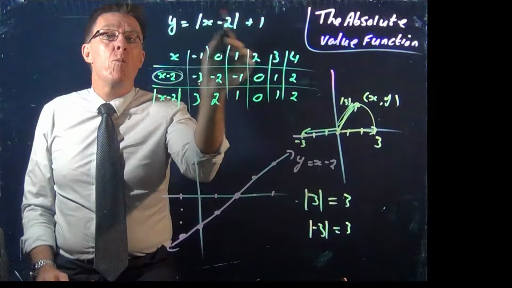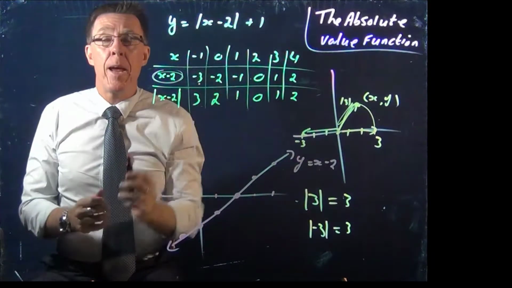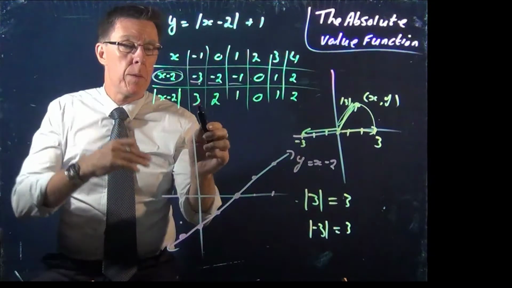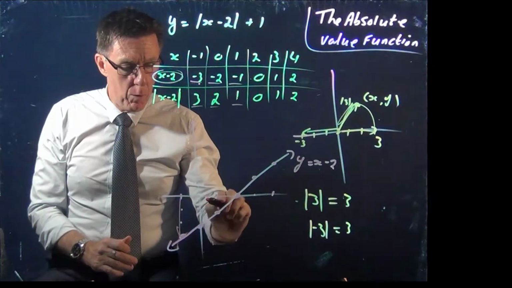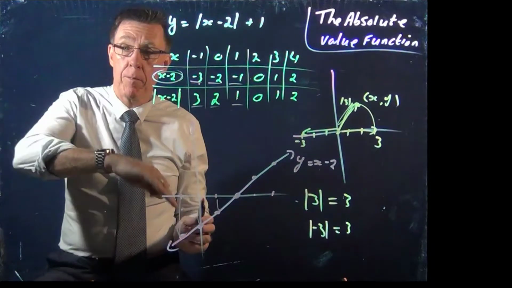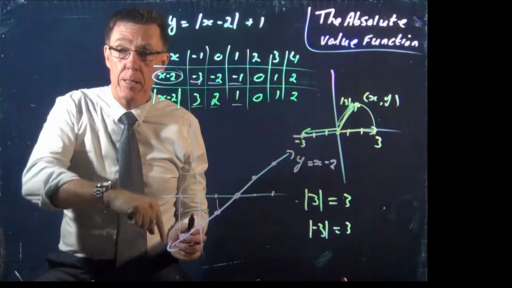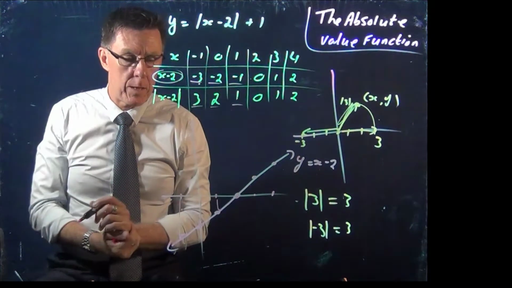But we don't want the graph of y equals x minus 2, we want the graph of the absolute value of x minus 2, which means any negative components, these numbers, become positive. Or in other words, any values that are below the x-axis are going to get flipped over to be going above the x-axis.